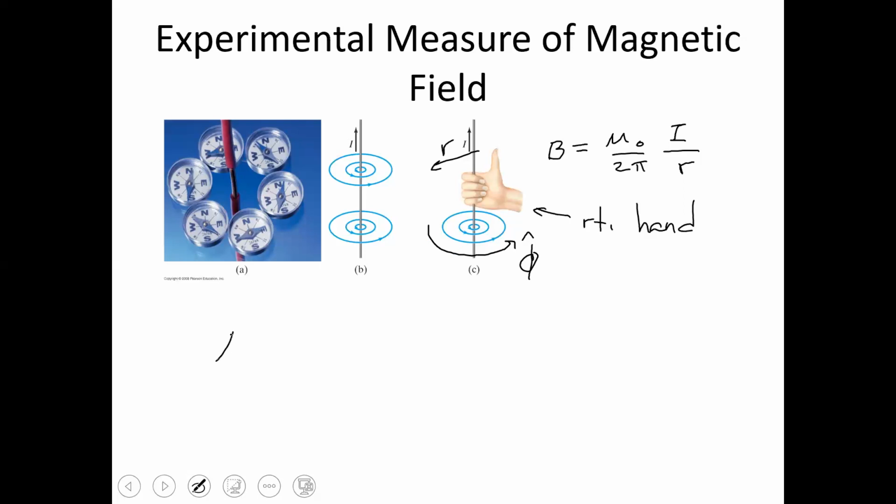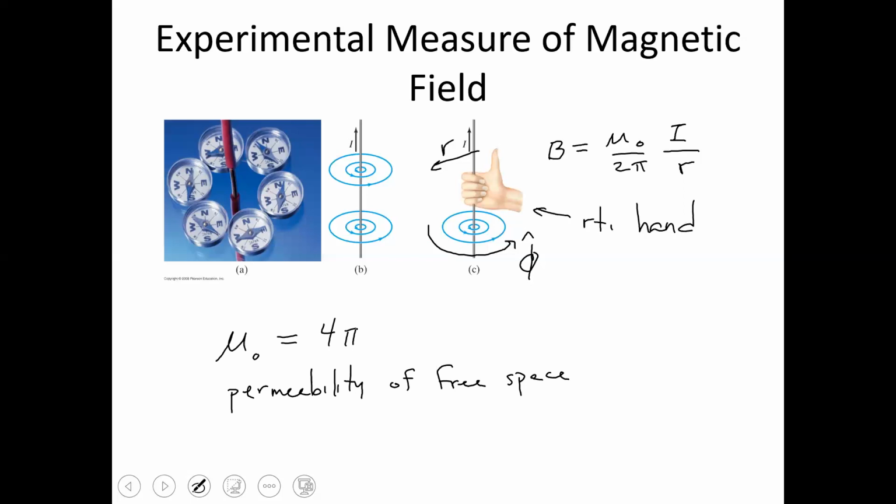There's one thing I've introduced in this equation. It's this mu0 or mu naught. That happens to be the permeability of free space. So the permeability of free space is what we use when we're talking about our magnetic fields, as opposed to the permittivity of free space, the epsilon naught, that we were using with our electric field. So permeability as opposed to permittivity. All right, so mu0 has a value, it's just a constant.